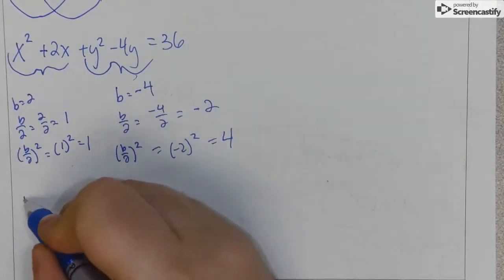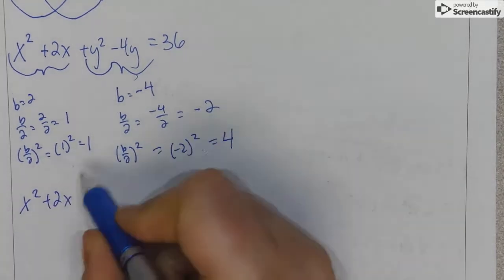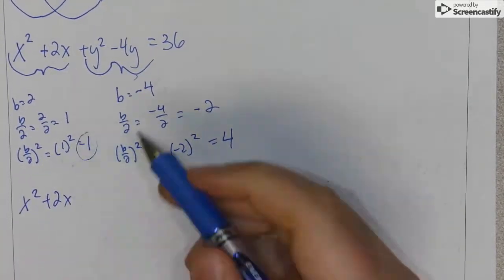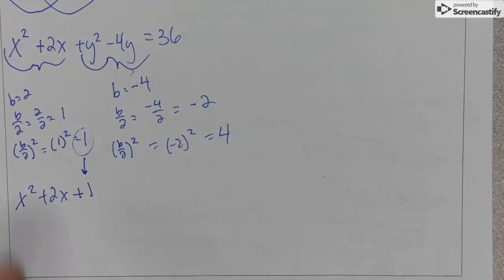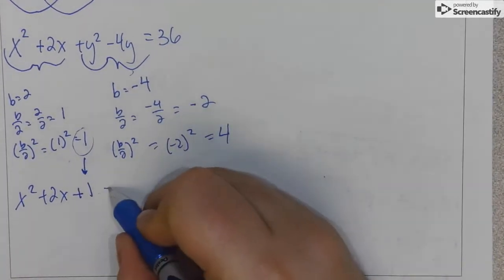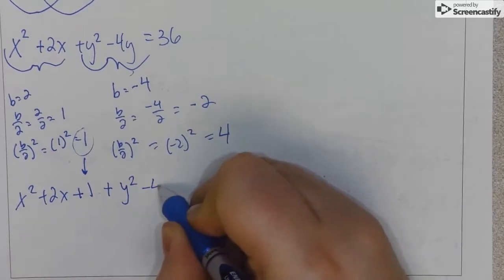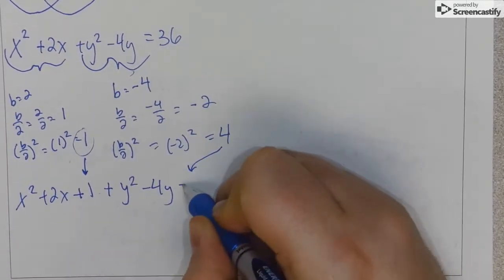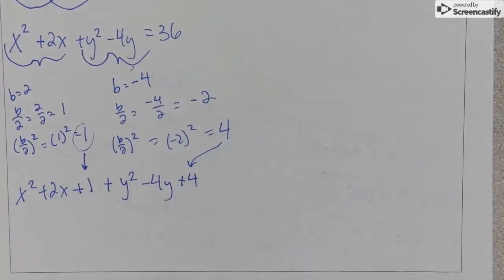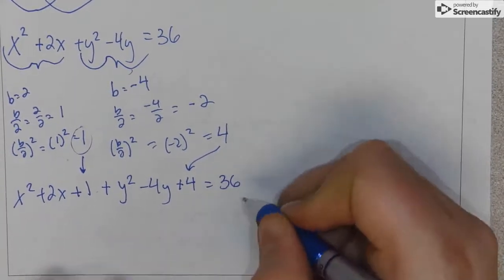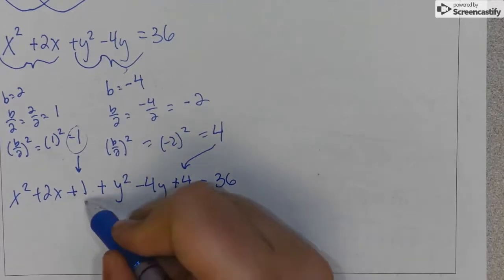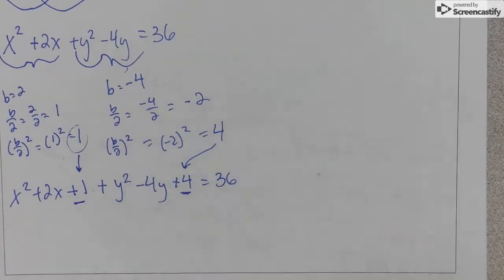So this is x squared plus 2x, and I'm going to add 1 here because that would complete the square for your x's, and I'm going to put plus y squared minus 4y, and I'm going to add 4 here because that would complete the square for your y's. And this has to equal 36. But now remember, I added 1 here and I added 4 here.